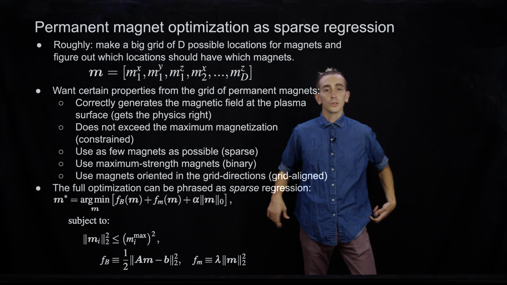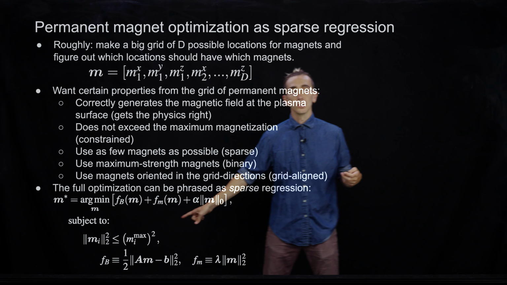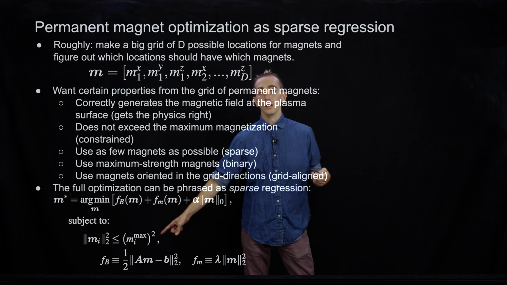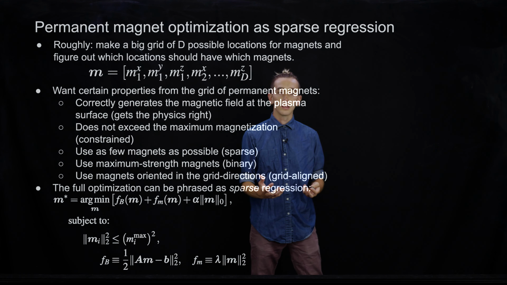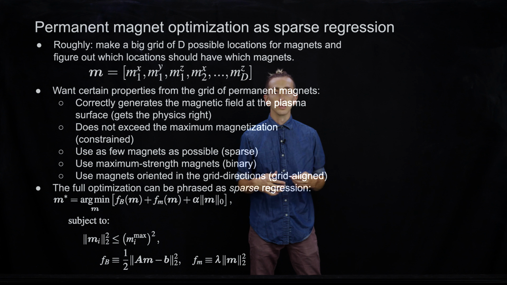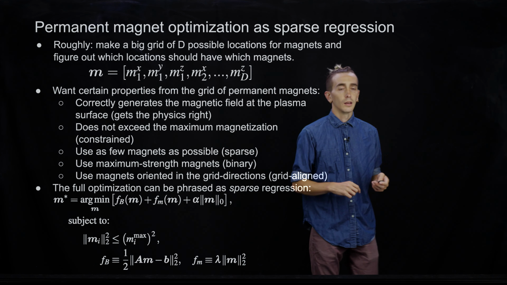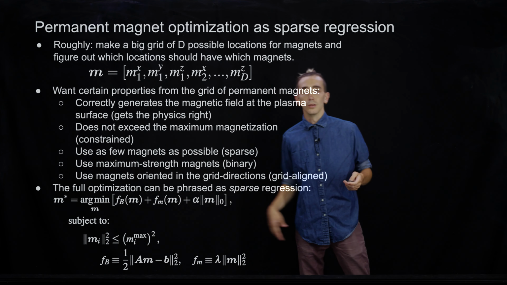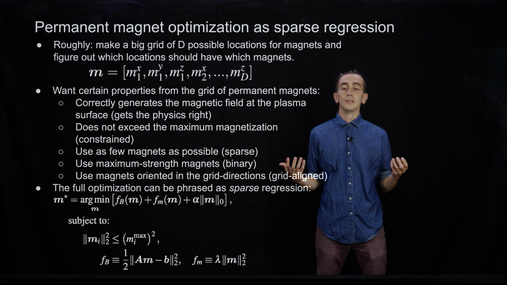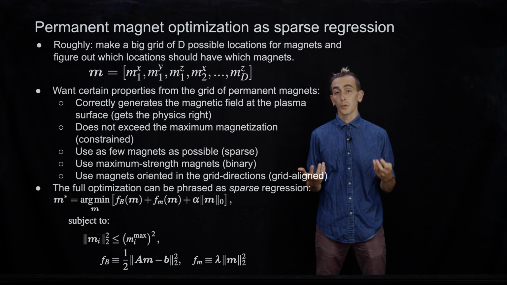And then again, we have to subject our optimization problem to the fact that these permanent magnets can't generate infinitely large magnetic fields. There's some bound, and that's the constraint. So this is a complicated problem. It's linear regression in the first two terms, but then we have this L0 norm, which makes it sparse regression.